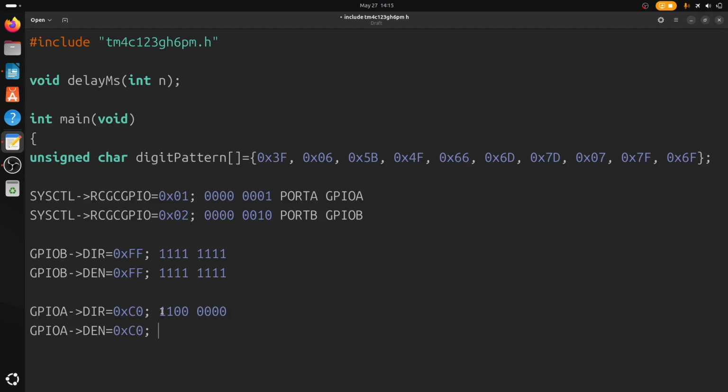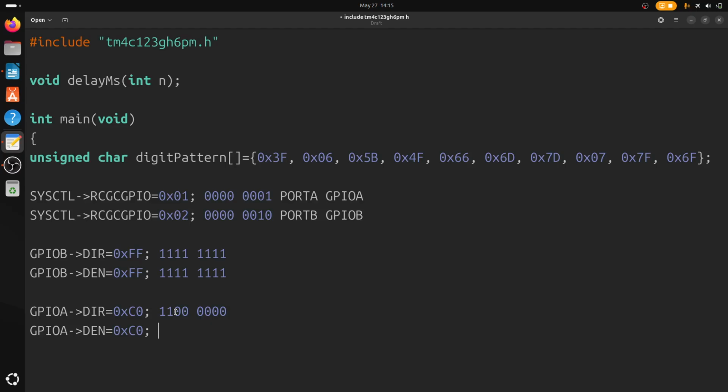And whose pin I have chosen, I have to set it as digital, because by default it will be digital, as I'm not using an analog function here. It has to be digital, because everything works in digital.